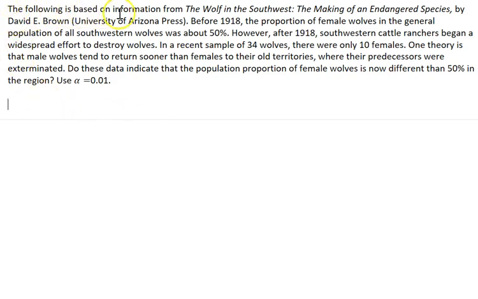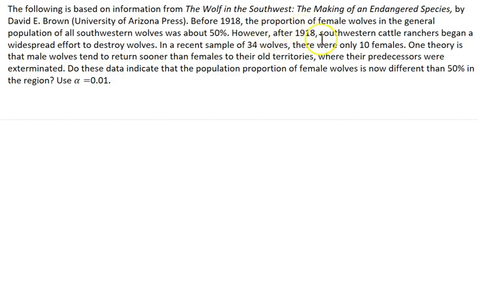The following is based on information from The Wolf in the Southwest, Making of an Endangered Species, by David E. Brown from the University of Arizona Press. Before 1918, the proportion of female wolves in the general population of all southwestern wolves was about 50%.